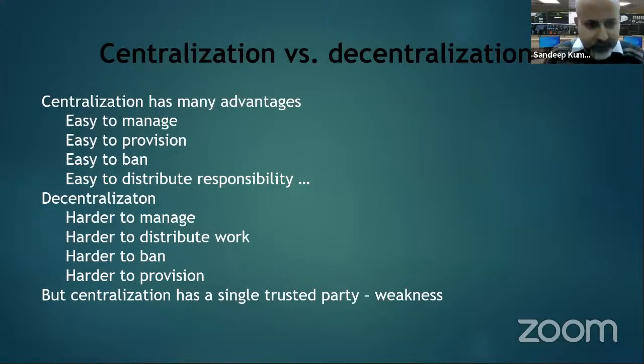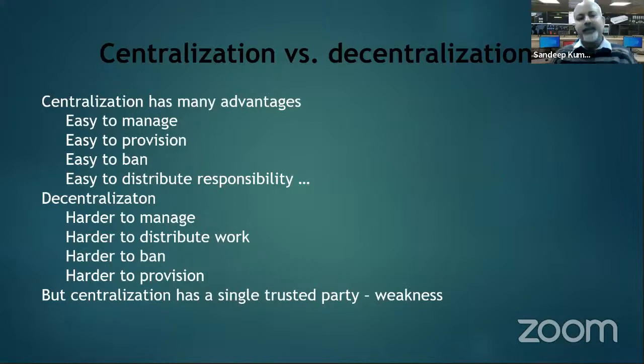So decentralization is harder to manage. It's harder to distribute work, because there is no central agency which is saying that you do this, you do this, you do this. You have to basically have an algorithmic way of distributing work. It is difficult to ban a bad person or bad node, and it is difficult to provision in decentralization, but there are solutions to this.